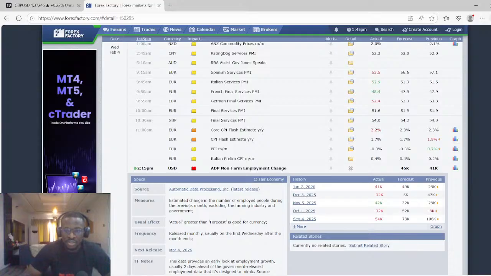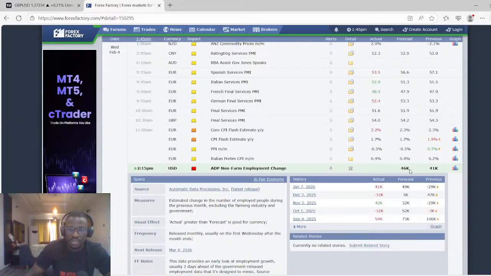Now the question is, what is the current actual for this particular news? Obviously there is no actual, right? But we have a forecast, and the forecast for this particular red folder is 46k. That's 46,000.